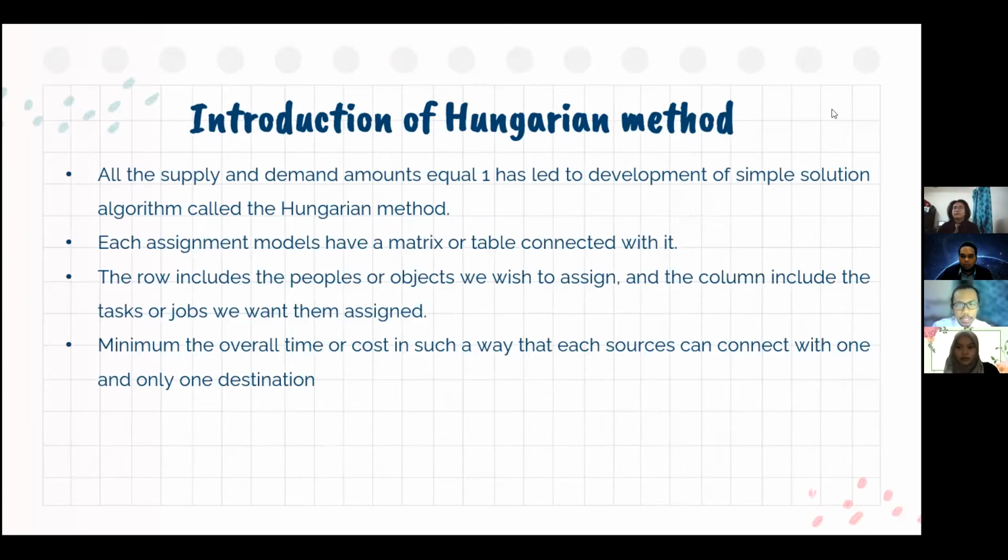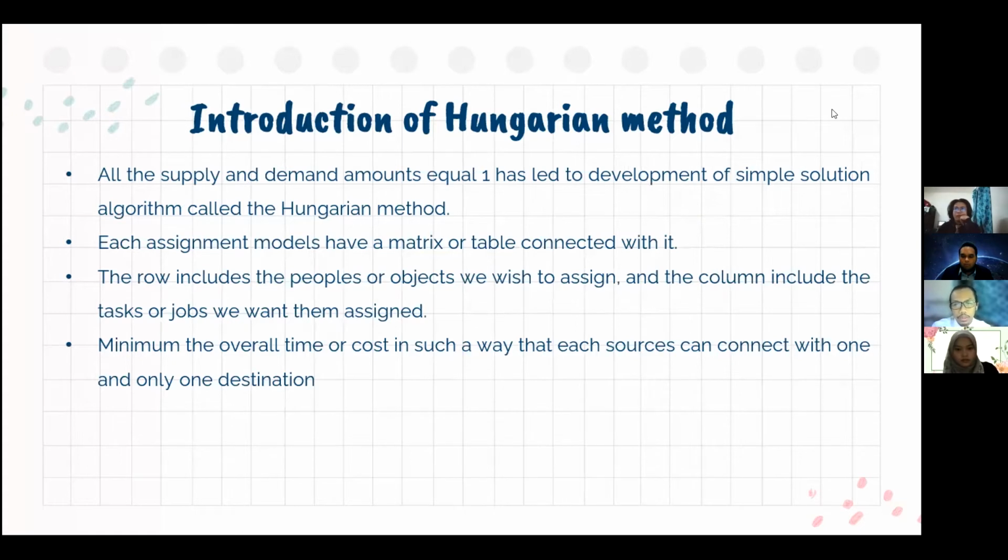The assignment model is actually a special case of the transportation model in which workers represent the sources and the jobs represent the destinations. And the Hungarian method was developed and published by Harold Kuhn in 1955. In this assignment model, there is a matrix or table connected with it.